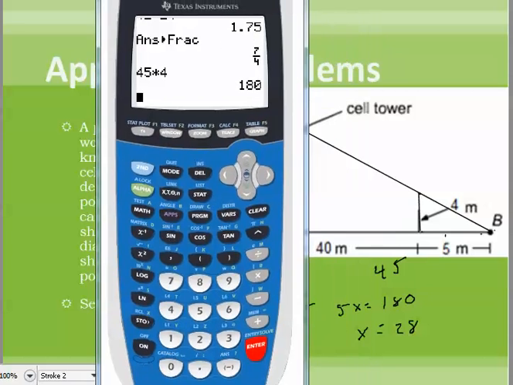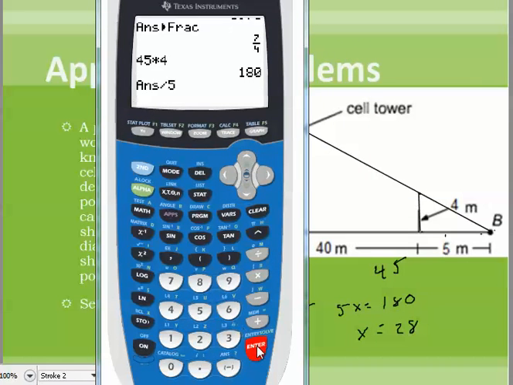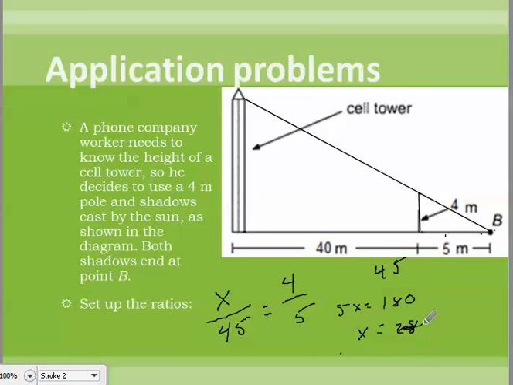Yep, that's right. And then I divide that by 5, and I get 36. Wow. 36. So this cell tower is 36 meters high. Cool?